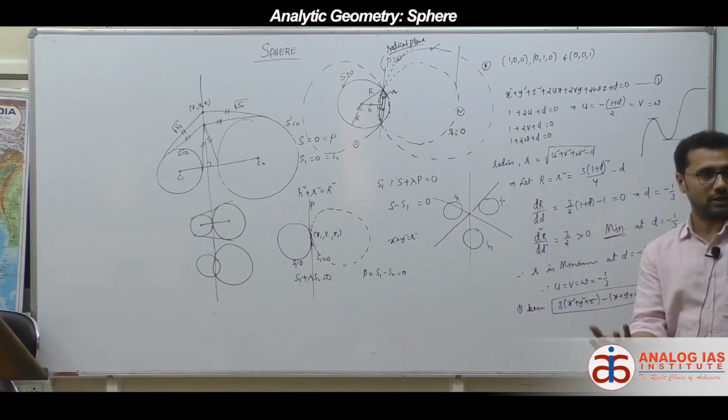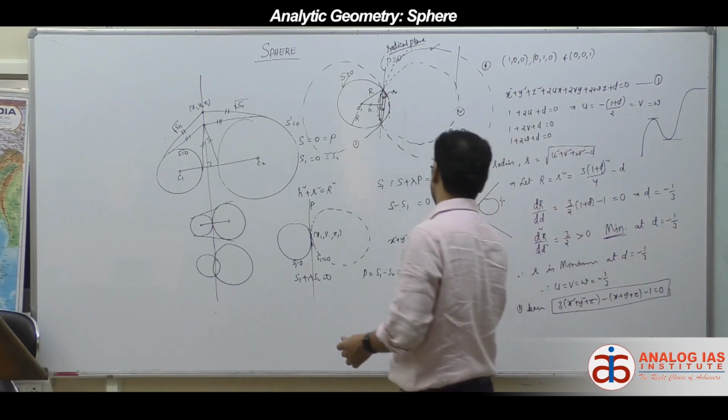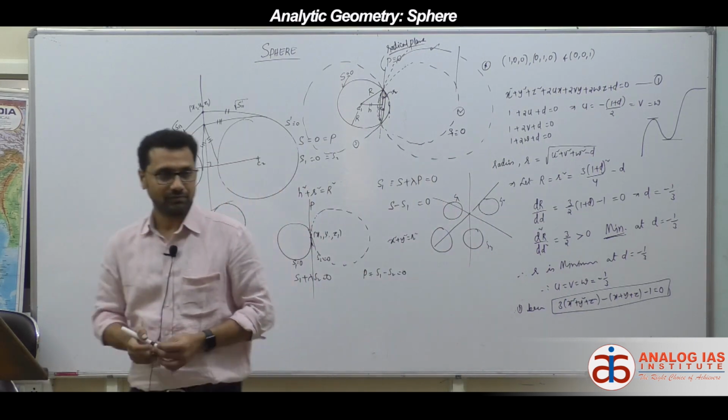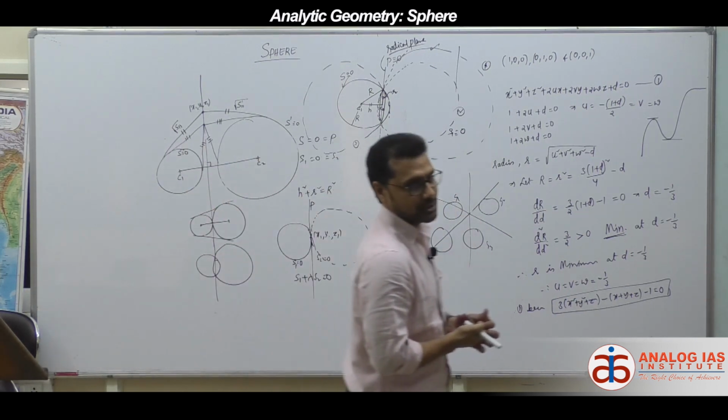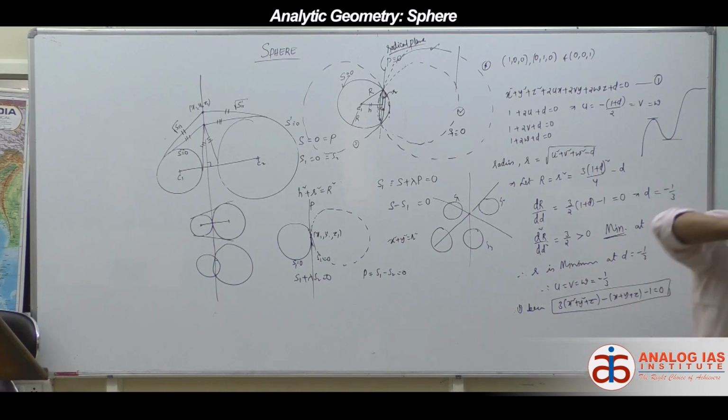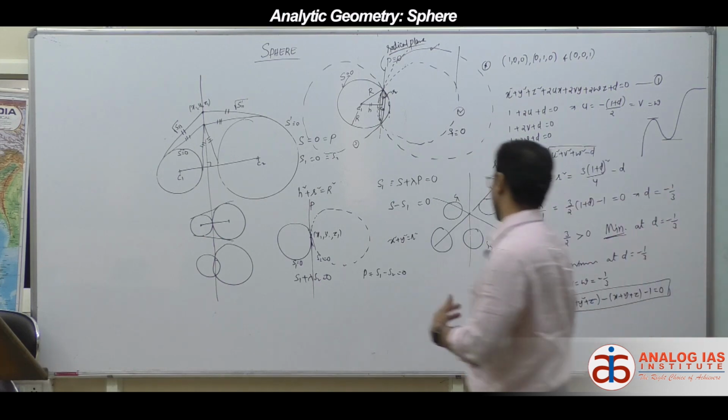Let me extend this again. Take a fourth sphere. Every three spheres will have a radical line. 4C3. Permutations, combinations, if you recollect. 4C3 means 4.